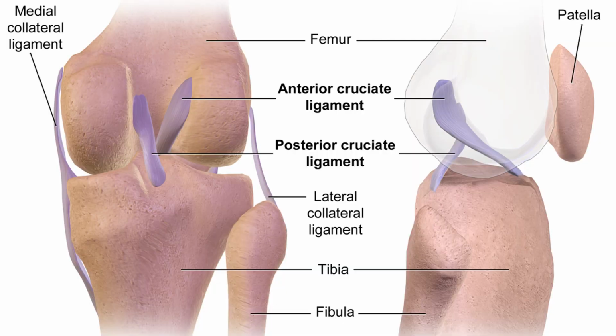Now, inside the knee joint itself, you have two ligaments that cross. They're called cruciate ligaments because of that cross-like orientation. You have the ACL, or anterior cruciate ligament, and then the posterior cruciate ligament, or PCL. Those ligaments prevent your knee from hyperextending too far.